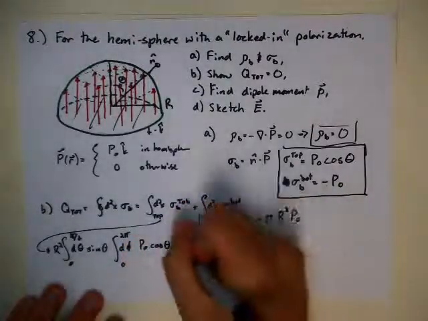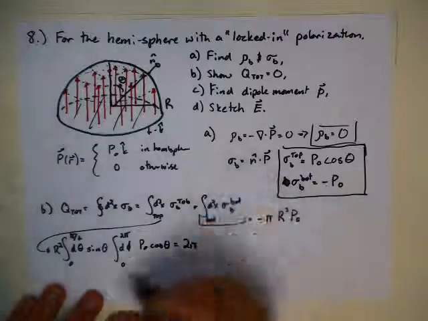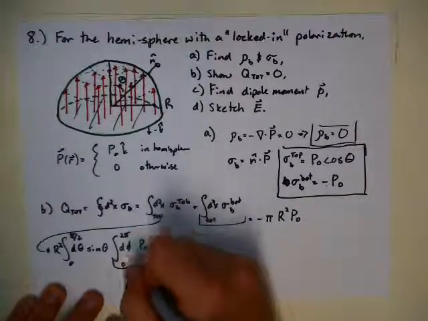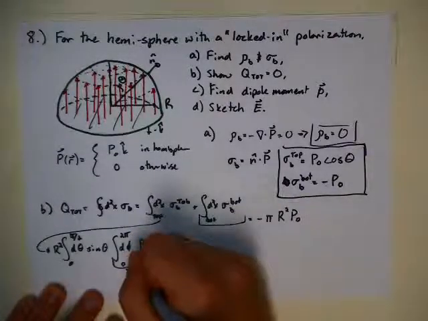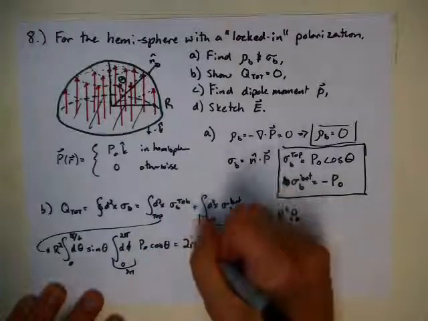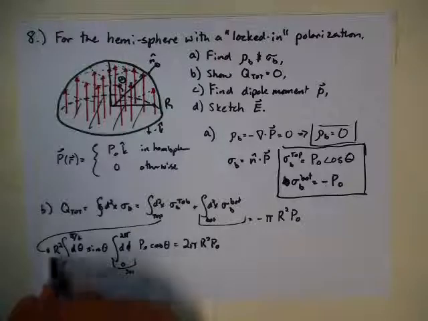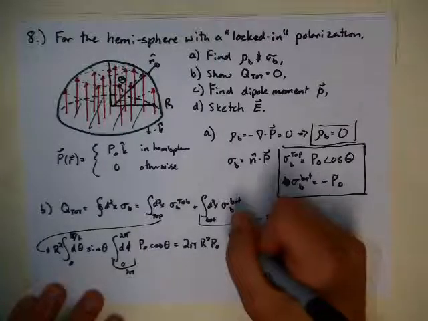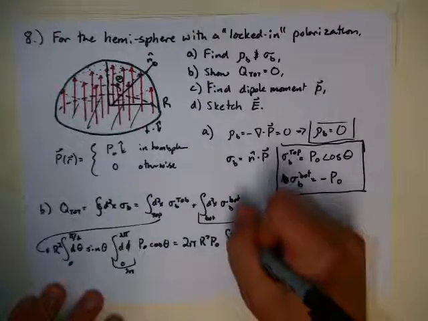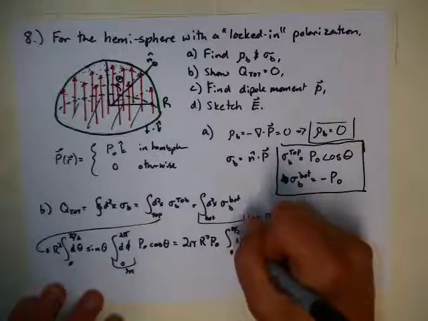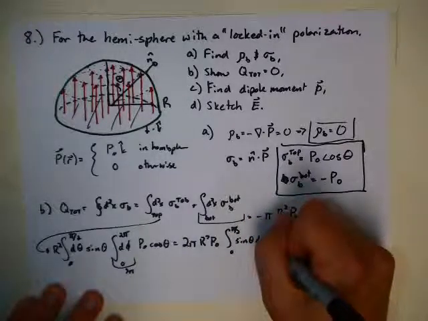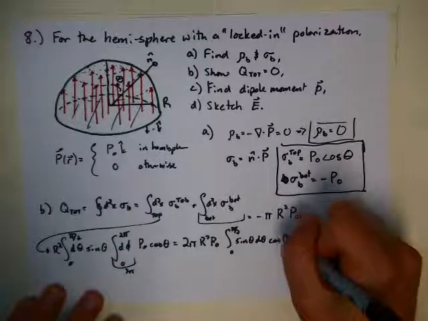So this part's easy, so this is going to give me my 2 pi. I'm going to have R squared P naught. And then I have an integral from 0 to pi over 2, sine theta d theta, cosine theta.